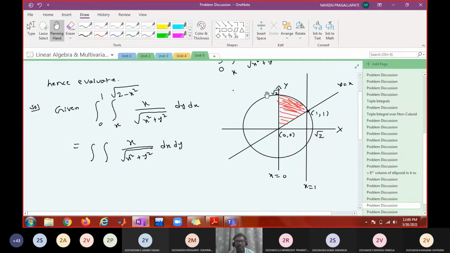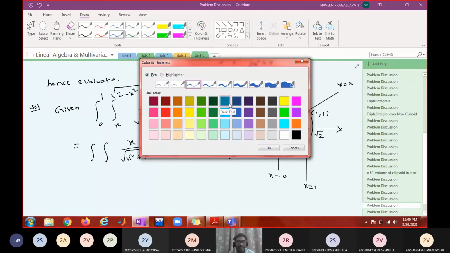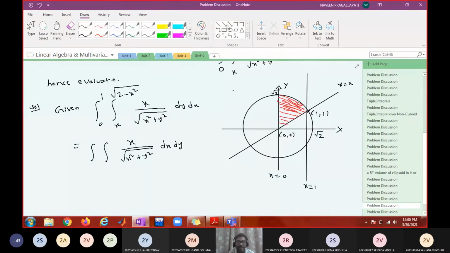So if I am drawing a line parallel to the x-axis here, it is entering through the y-axis and leaving through the circle. But is it the same throughout the region?